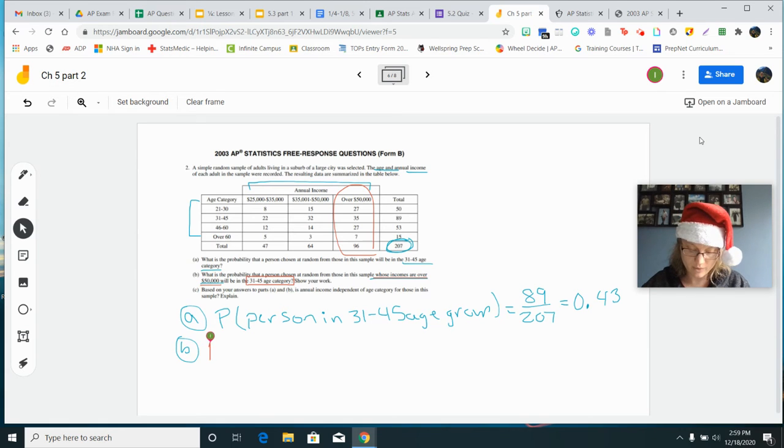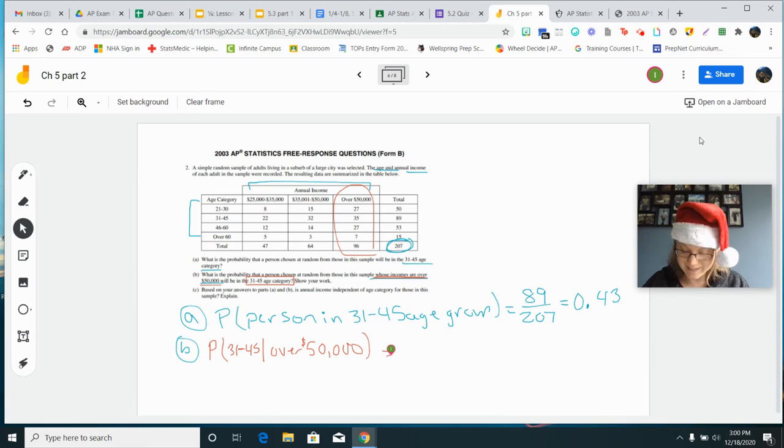We can write this with notation. This is a conditional probability. We've got a condition, and our condition is that the person makes over $50,000, and we want somebody that's 31 to 45.